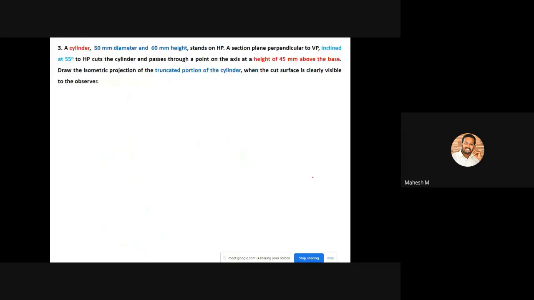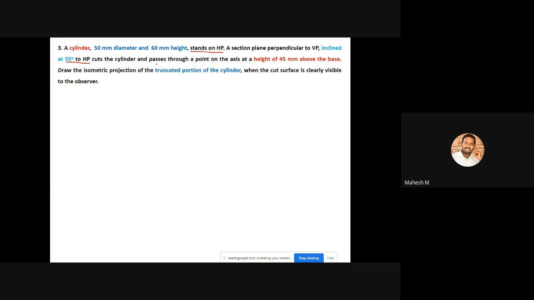So the next problem is a cylinder problem. A cylinder of 50 mm diameter and 60 mm height stands on HP. So it is standing on HP, so the top view will look like a circle, and a section plane perpendicular to VP inclined at 55° to HP. So it is a truncated cylinder because we have an inclined section plane.